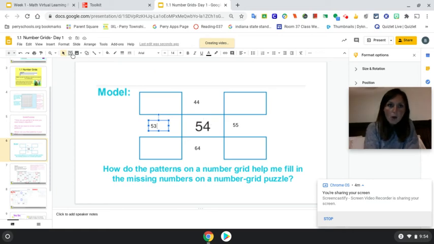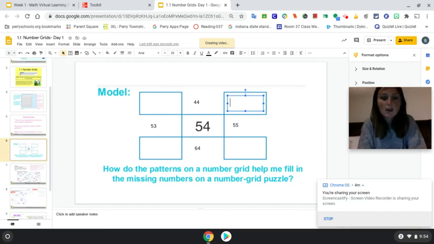So now I'm going to write in the actual answer. For 54, I'm going to count by ones. I think that's a little bit easier. So I'm going to go 44. Next to 44 would be 45. And as I look here, 45, 55. Yep, the ones place stays the same, but the tens place goes up.